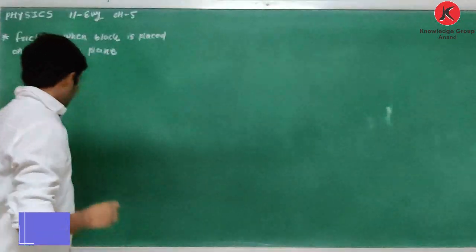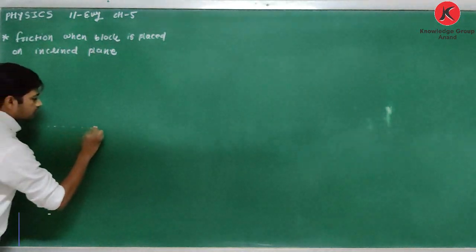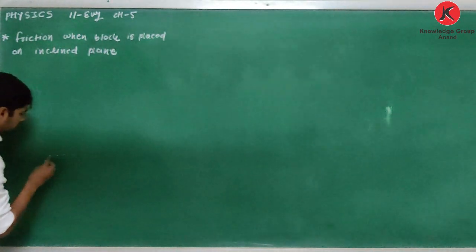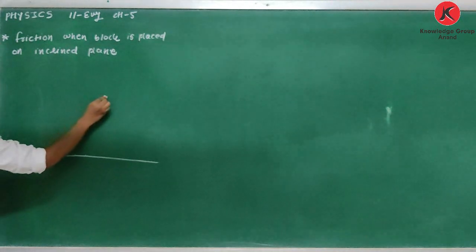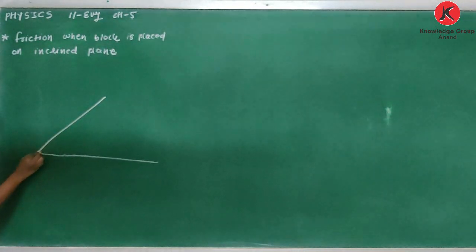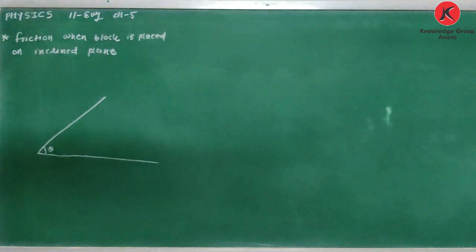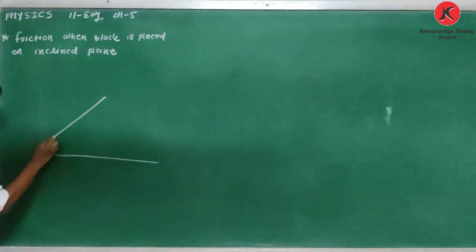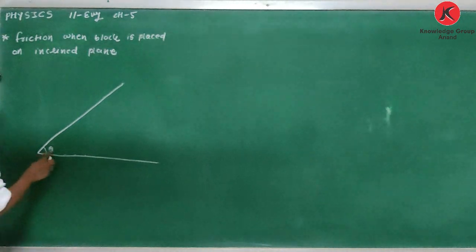happens with it? See, for example, this is horizontal. With this horizontal, there is one slope which is inclined at angle theta.